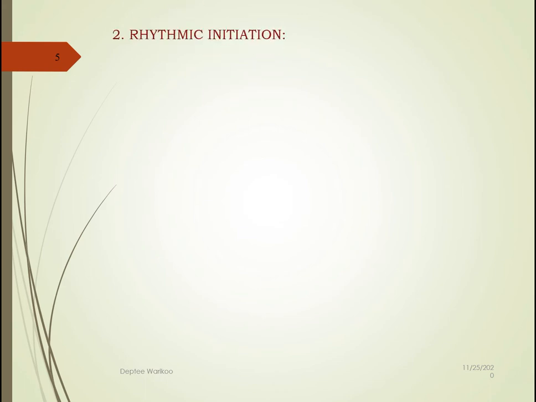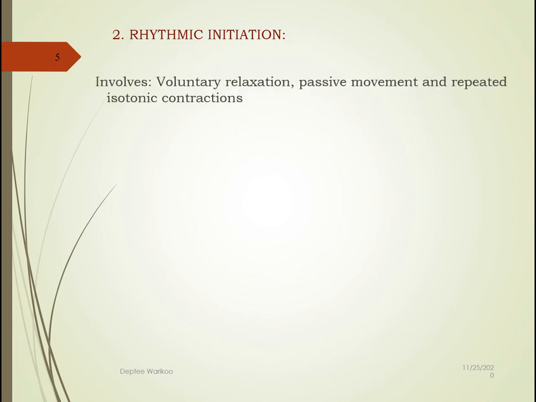Now comes the second technique, which is rhythmic initiation. Rhythmic initiation is used to promote the ability to initiate a movement pattern. After the patient voluntarily relaxes, the therapist moves the patient's limb passively through the available range of the desired movement pattern several times so that the patient becomes familiar with the sequence of the movement within the pattern.